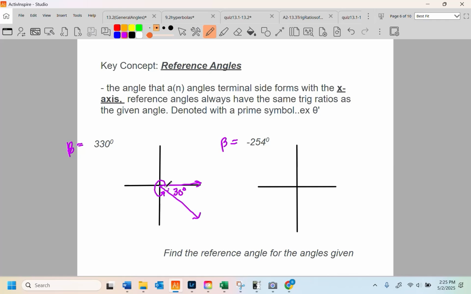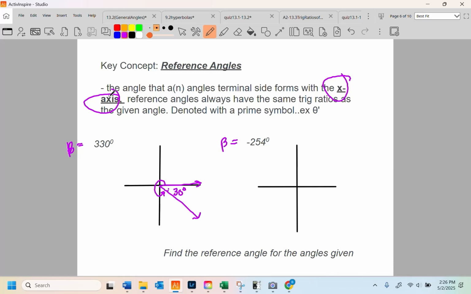Think about what little bit of rotation it takes to get you to the x-axis. And it takes 30 degrees of rotation to get to the closest x-axis. That's kind of the definition.